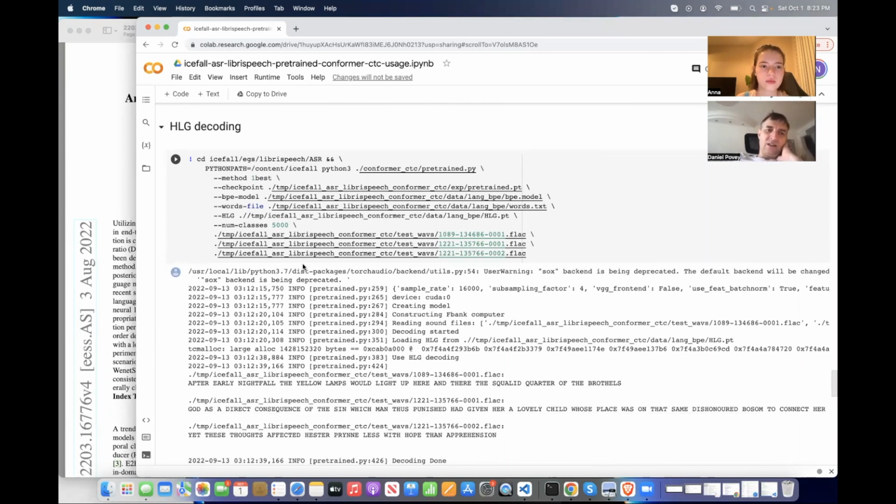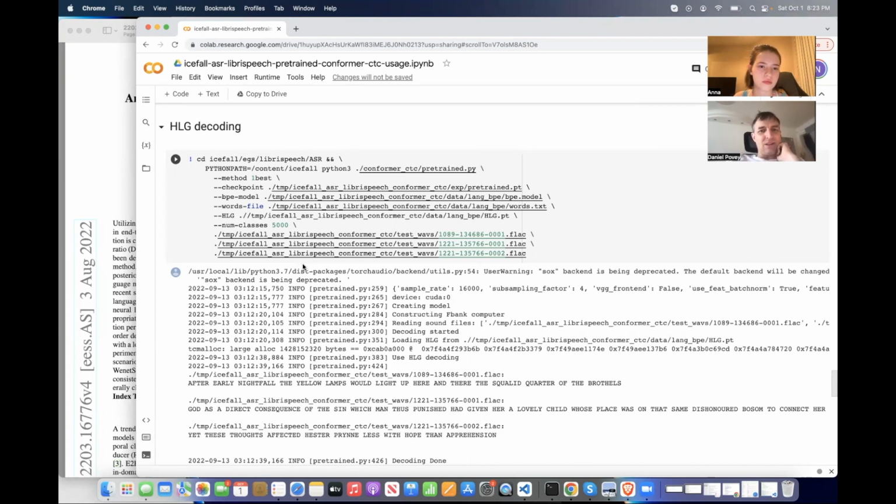So, HLG. There's no HCLG because we don't use context dependency here. HLG decoding means you're building a graph from a lexicon and a language model. So it's going to be limited to the words in your lexicon.